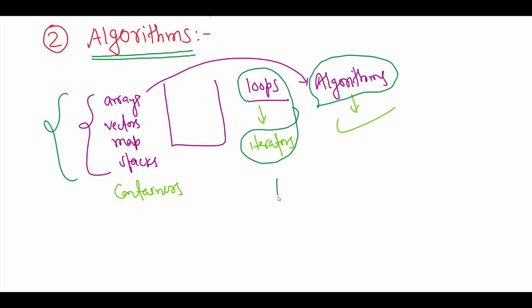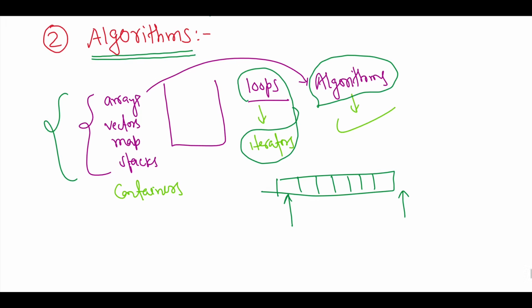And what does it mean? Suppose we have this container, and the algorithm operates on a sequence of elements defined by this pair of iterators. One is this and another is somewhere here, which is next to the last element. So this is how some of the algorithms operate.